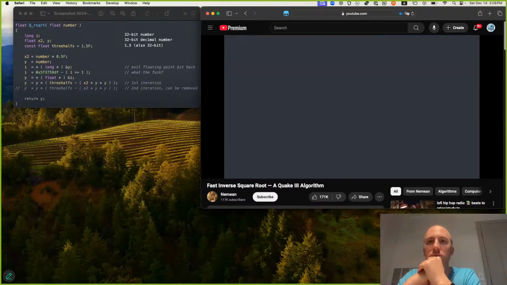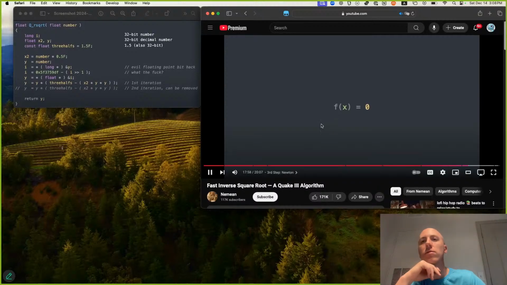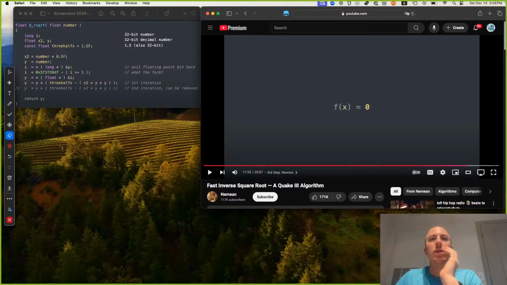Newton's method is a technique that finds a root for a given function, meaning it finds an x for which f of x equals 0. Root. Okay, so it finds an x such that f of x is 0.